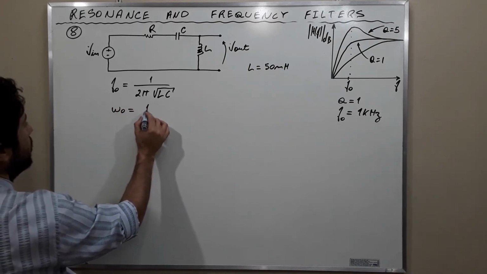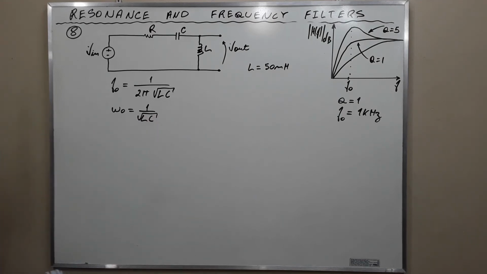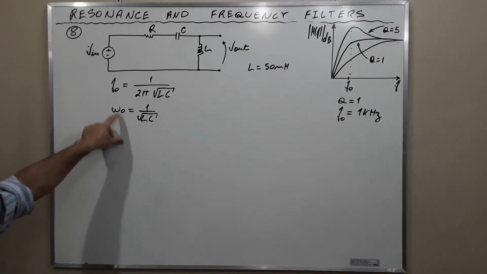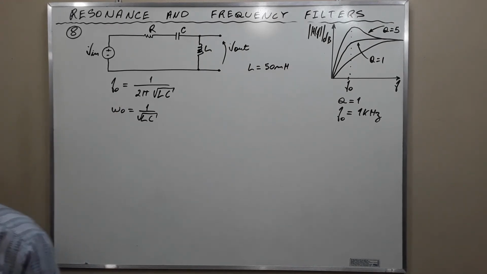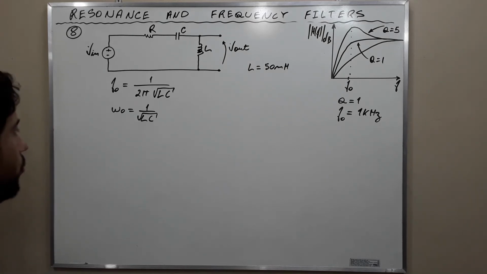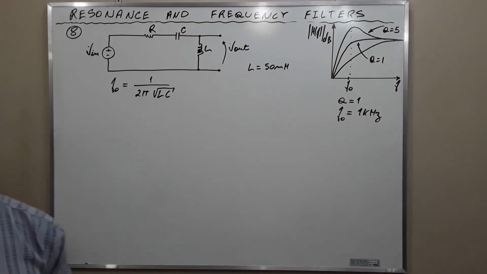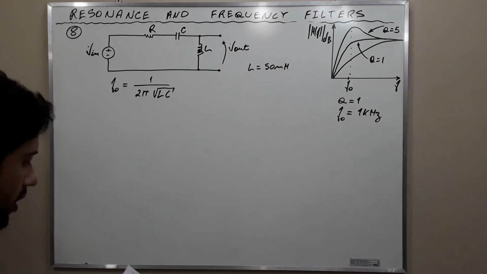W0 equal to 1 over the square root of LC. But we are not going to work with the angular frequency. We are going to work with the frequency in hertz. Okay? Let's learn how to do it in this way. It is just a little bit different than what you may have learned in college.